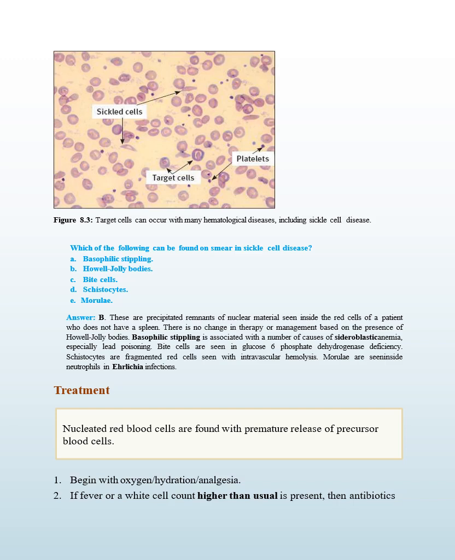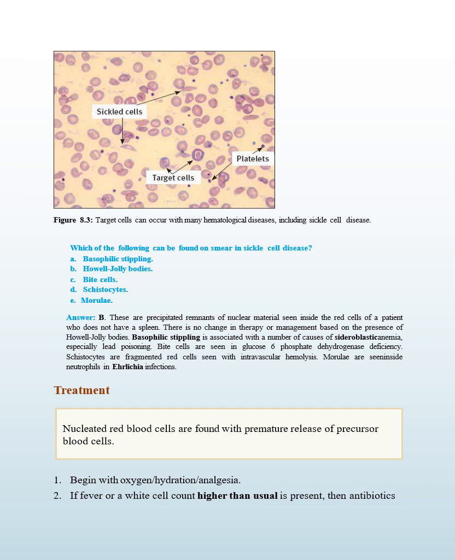If the question asks which of the following can be found on smear of sickle cell disease, A, basophilic stippling, B, Howell-Jolly bodies, C, bite cells, D, schistocytes, E, morulae. The right answer here is B, and the explanation is the following.